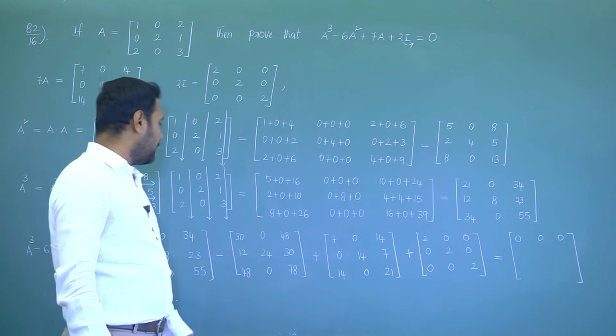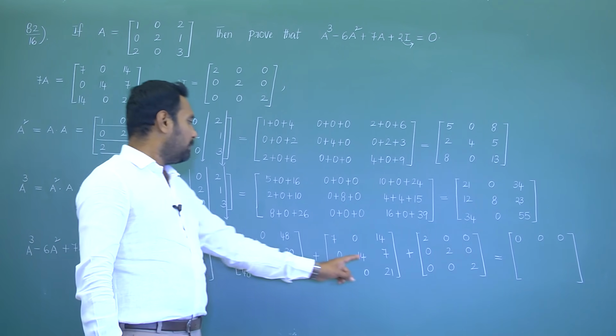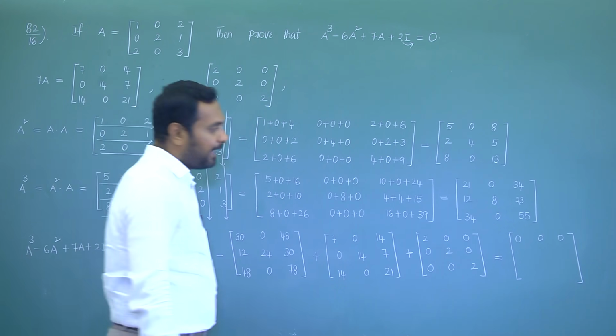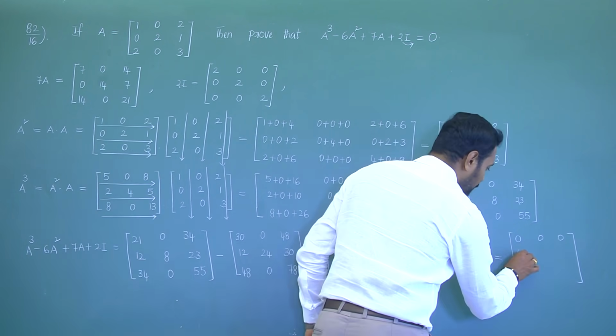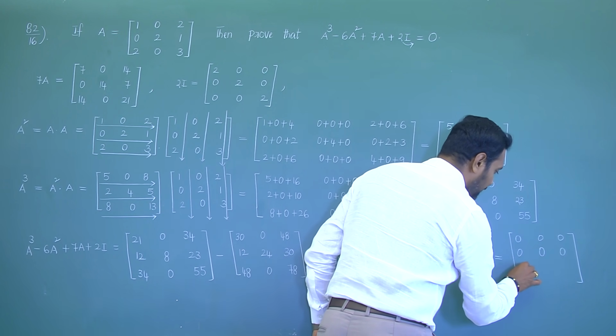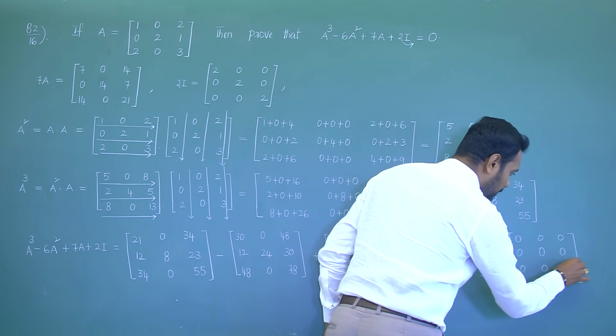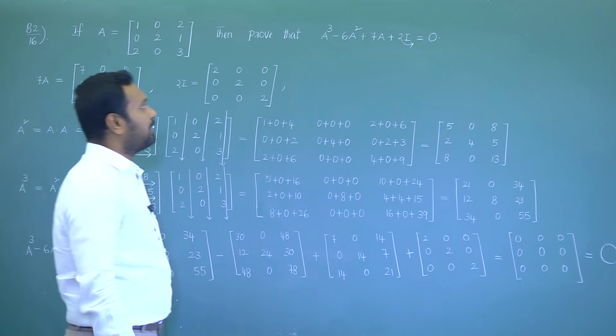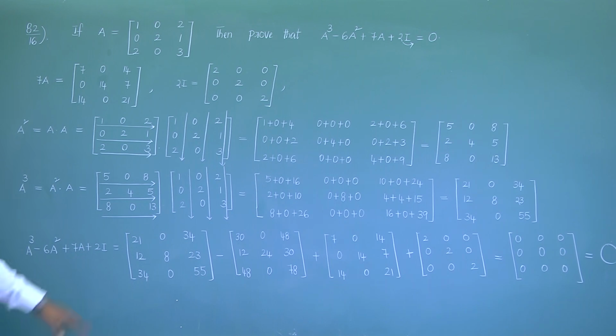Third row second column element, 55 plus 21, 76 plus 2, 78 minus 78, value 0. So on simplification you will get all the values as 0, so this equals to a null matrix O.